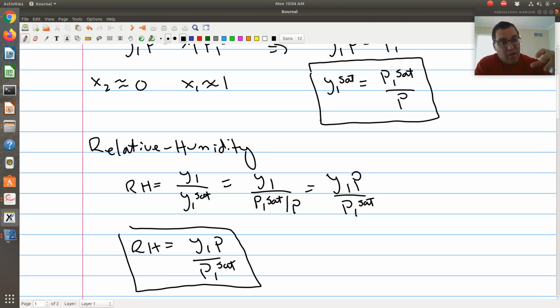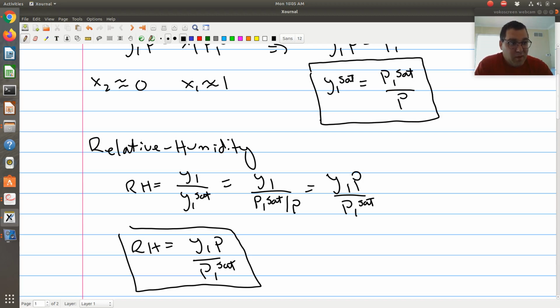Now remember, Y1 sat is kind of like my dew point. It's this theoretical limit where water would begin to condense out. And so water is going to continuously leave my pool until that equilibrium state is established.